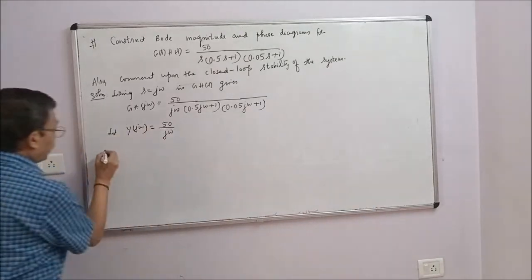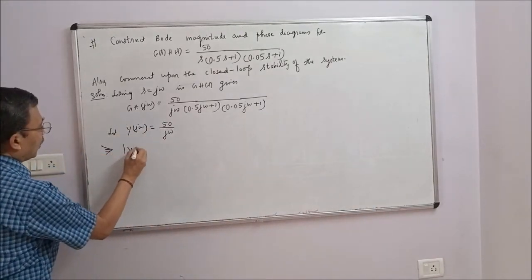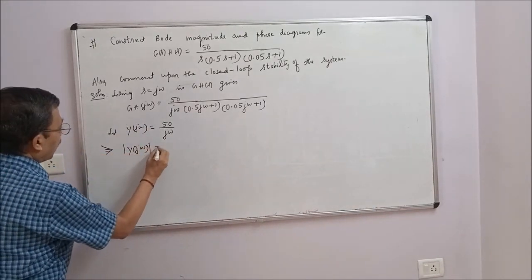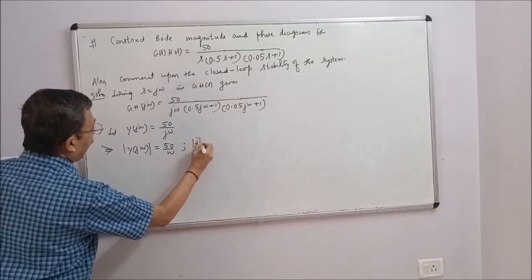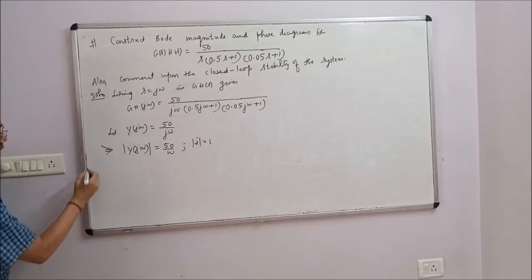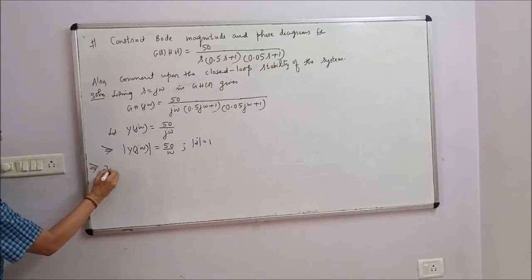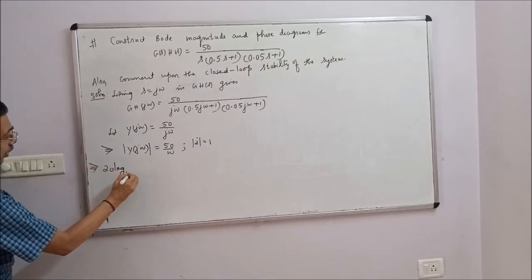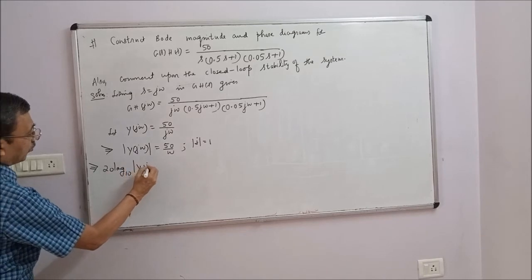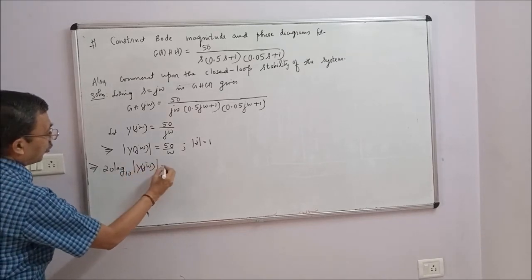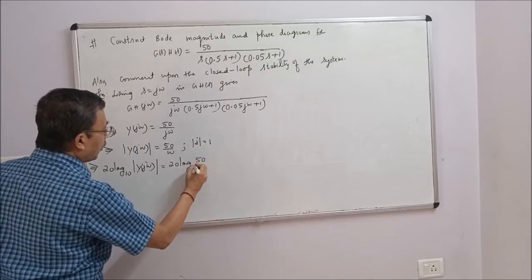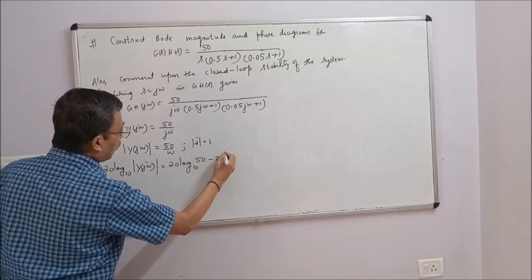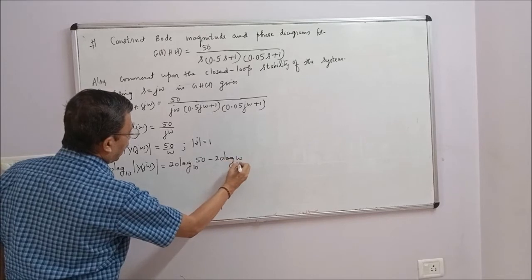Take magnitudes. So this implies magnitude of Y of J omega is equal to 50 divided by omega, because magnitude of J is equal to 1. Then I take 20 log on both sides. This implies 20 log to base 10 magnitude of Y of J omega is equal to 20 log 50 to base 10 minus 20 log omega to base 10.